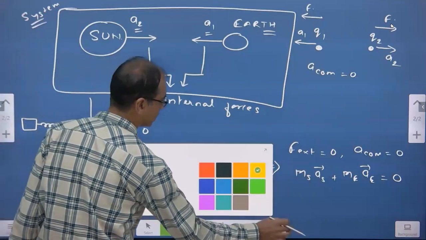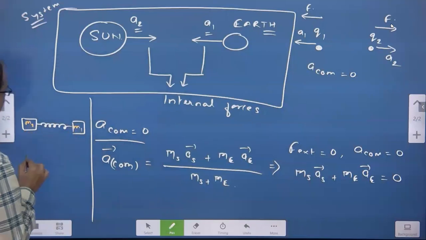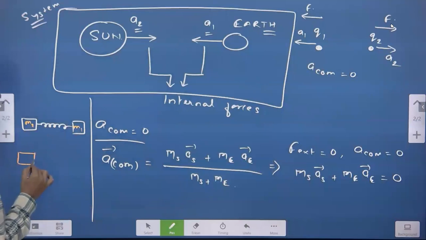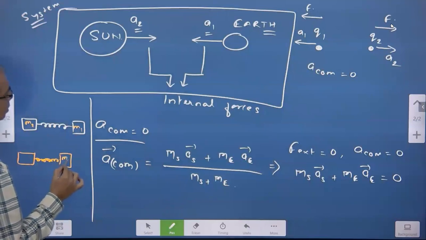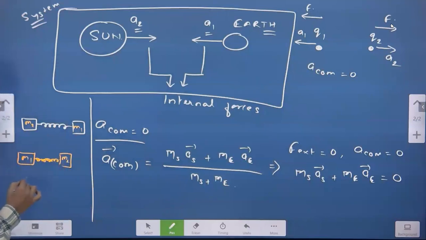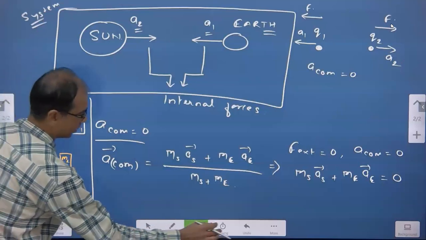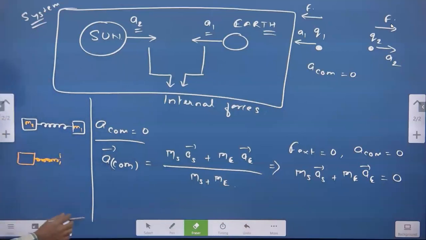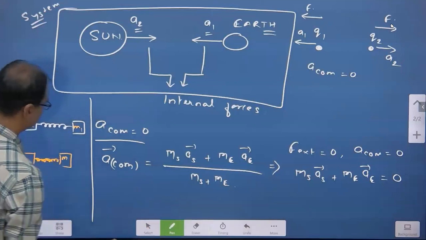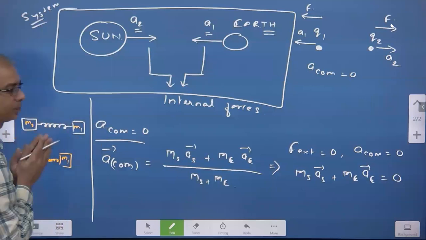Oh, I changed the M1 and M2. One minute. Let's change it. This is M1 and this is M2. So it's like this. Now what we did is we compressed it.